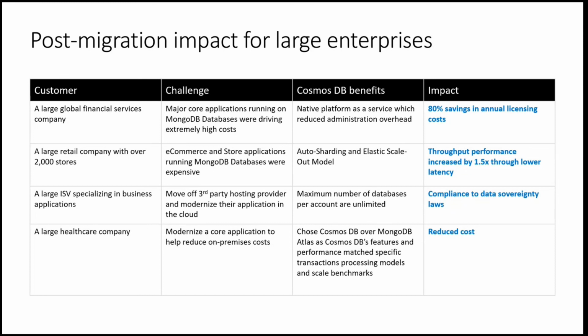And lastly, a large healthcare company modernized their application to Cosmos DB to help reduce on-premises cost. They chose Cosmos DB over MongoDB Atlas as the features and performance matched the specific transaction patterns and scale benchmarks that they had. Once again, reduced cost here.